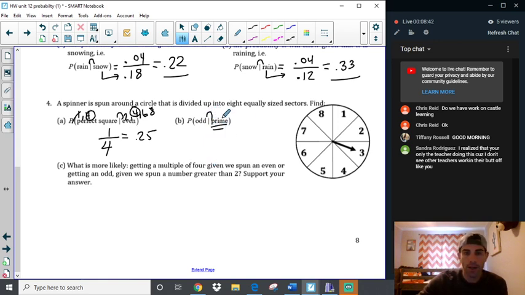Okay, odd and prime. Now if you're not sure, prime is a number that can only be divided into itself and 1. So 1 doesn't count. The only numbers that divide into 2 are 2 divided by 2 and 2 divided by 1. He's prime. 3 divided by 3, 3 divided by 1. That makes him prime. 4, you can do 4 divided by 1, you can do 4 divided by 4, but you can also do 4 divided by 2.